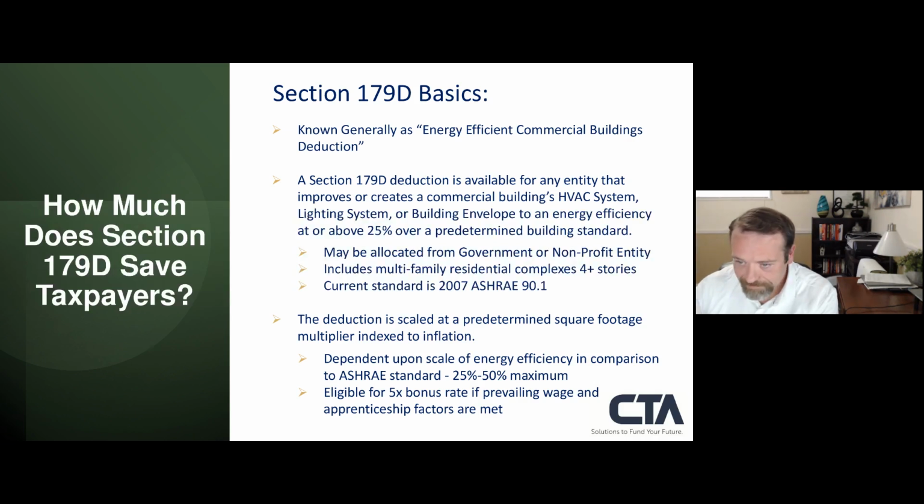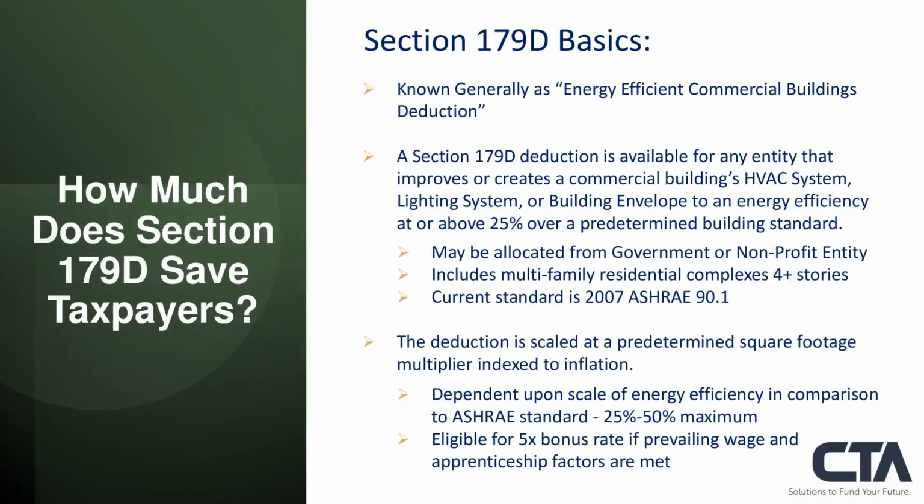Yeah, and again, to reintroduce myself, my name is Roy Moorhead. I'm a senior director here for corporate tax advisors, and my entire career has been focused around delivering 179D deductions to multiple types of clients. So really the first way I like to explain this deduction is by defining exactly what it is. The formal name of 179D is the Energy Efficient Commercial Buildings Deduction.